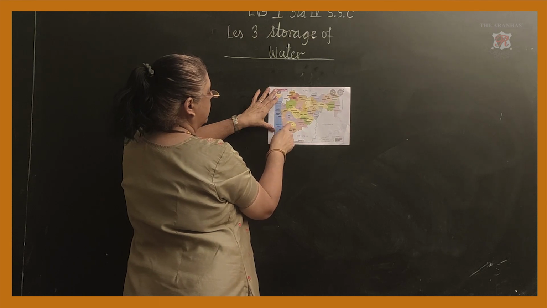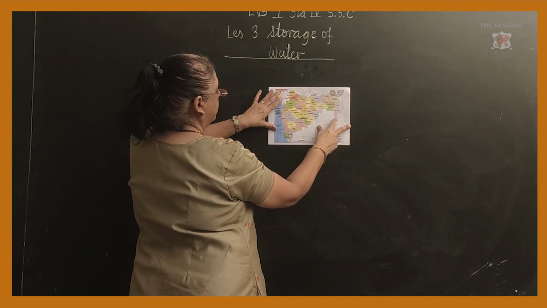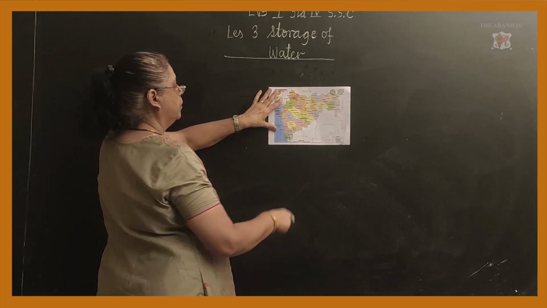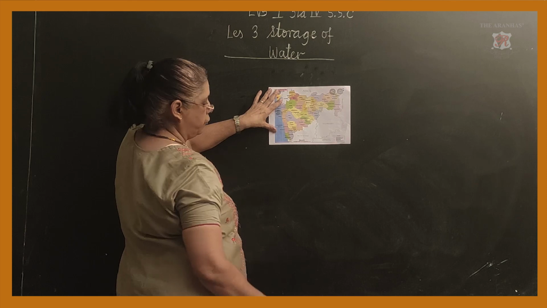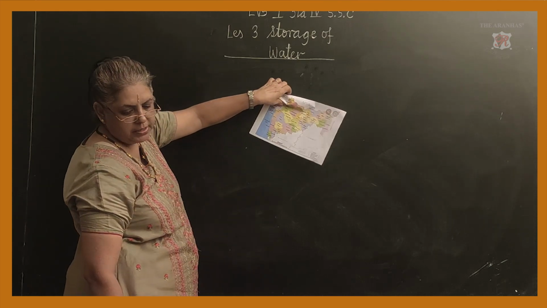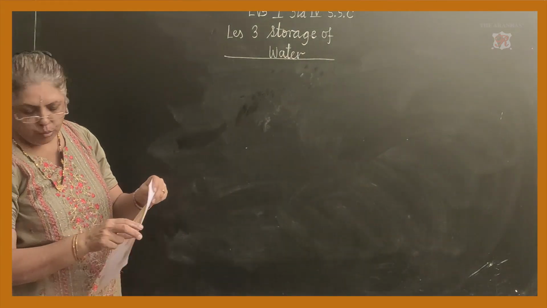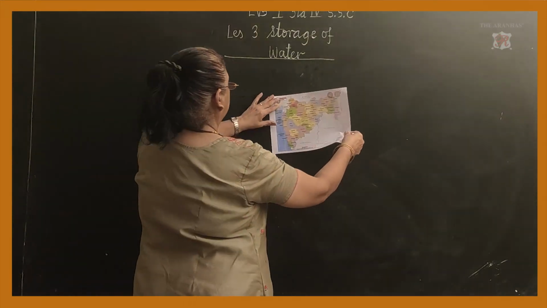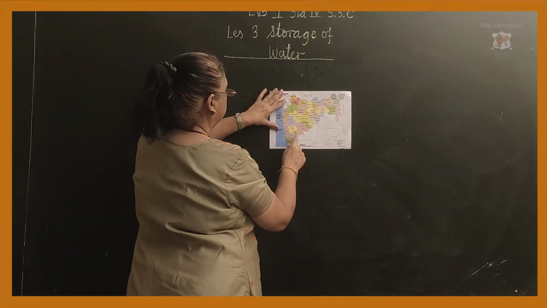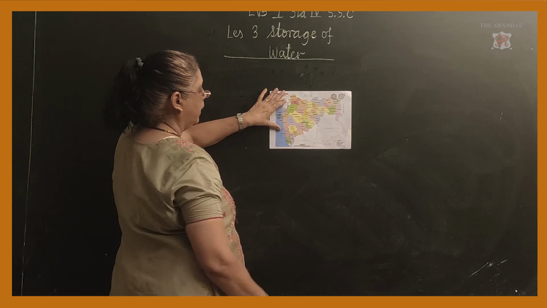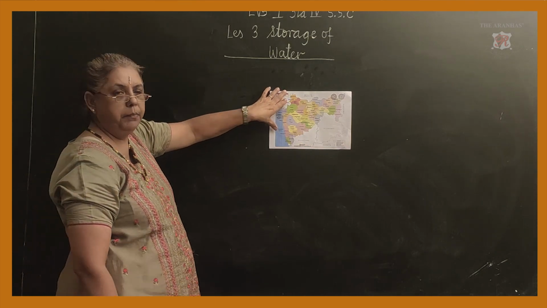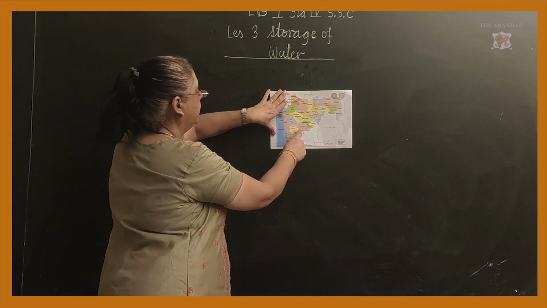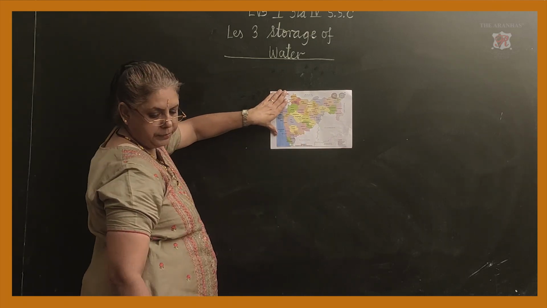The next one is Ujni. Ujni is here in Sholapur. It is built on river Bhima in Sholapur district.